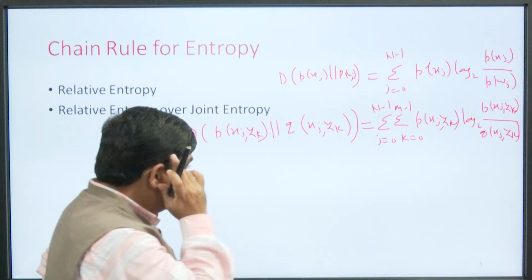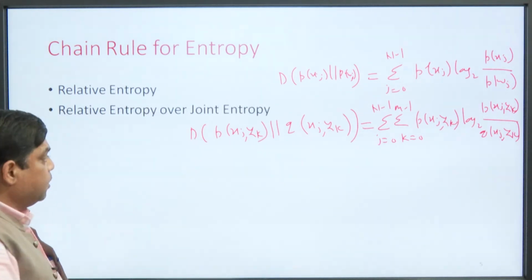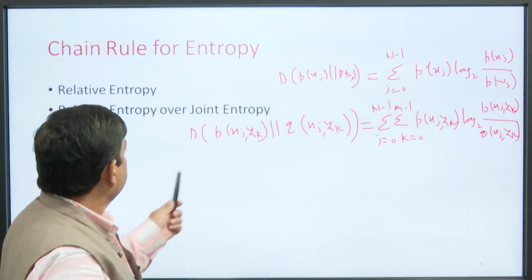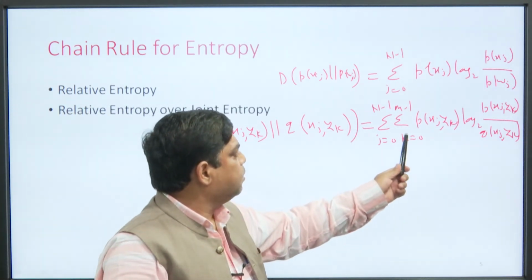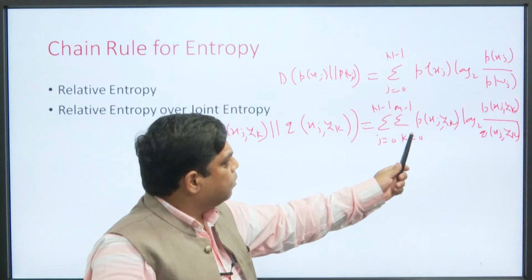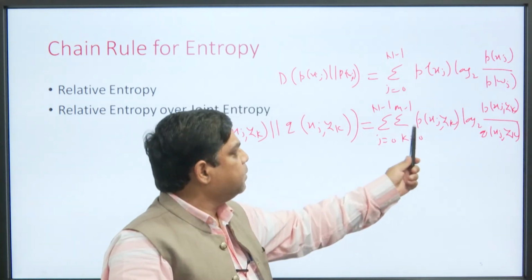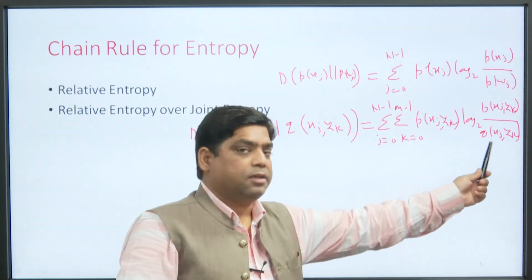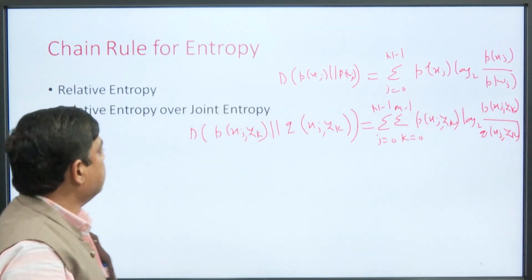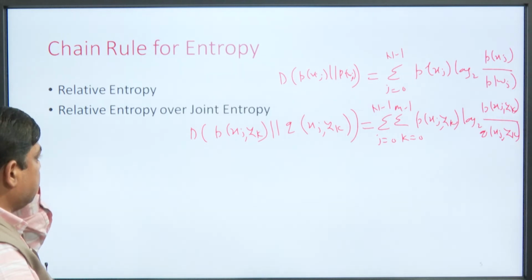Okay. This is the relative entropy of the joint probability distribution over another probability distribution q(xj, yk). Okay. Then this is the relative entropy.